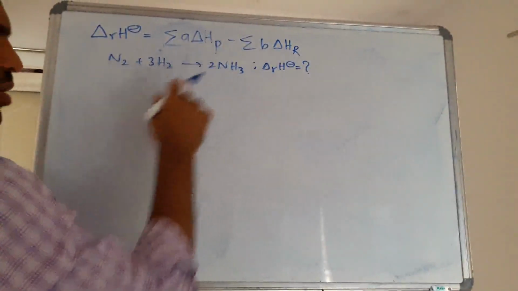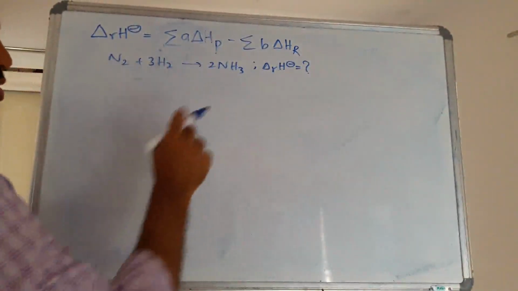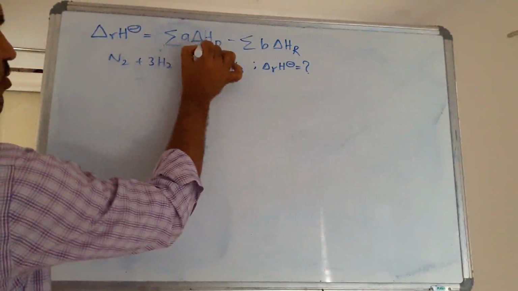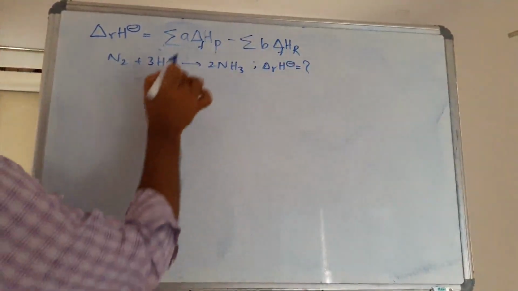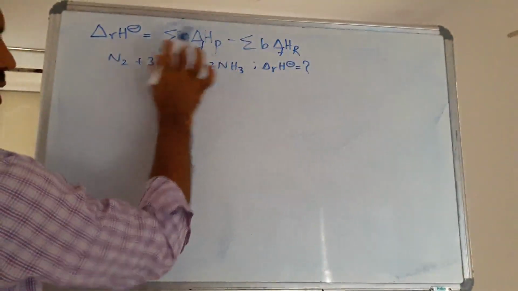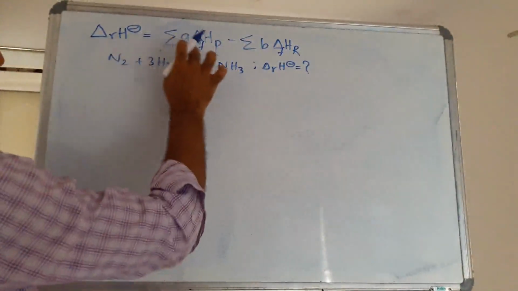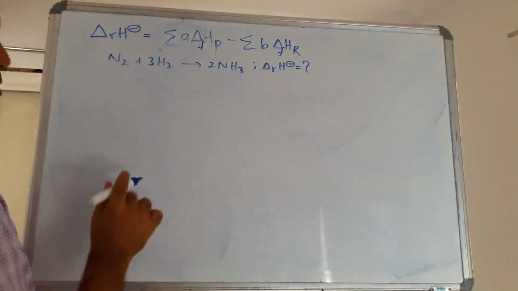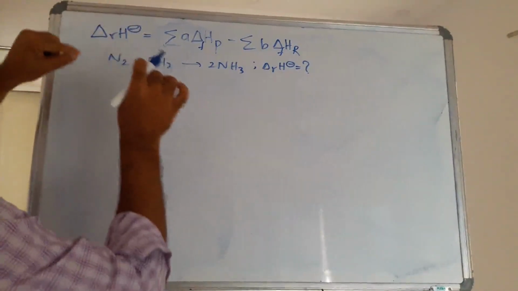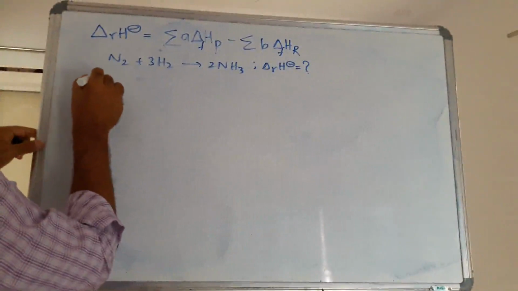So how do we calculate this enthalpy of reaction? We should know the enthalpy of formation, where f indicates formation: the change in enthalpy of formation of the products and of the reactants. When you know that, substitute in this formula, then you will get the answer.